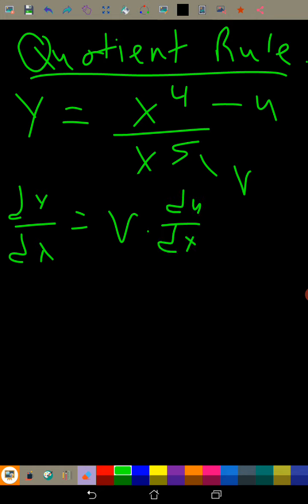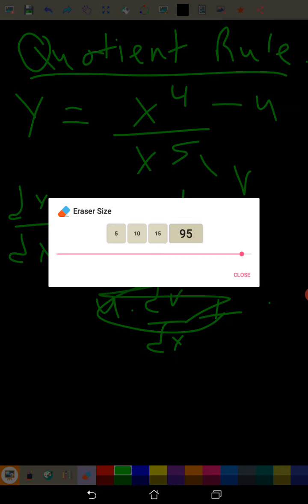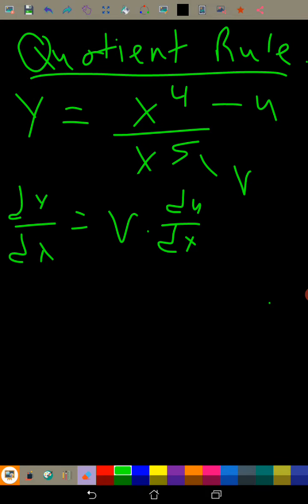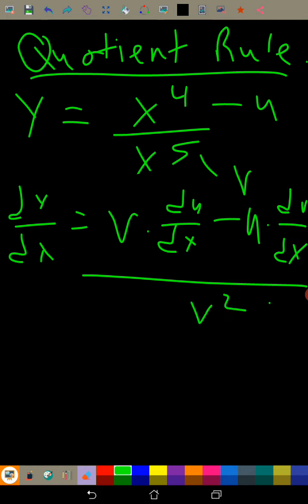It's not the same as the other one. The other one we had u dv by dx plus. Now we invert things because we're not dealing with a product, we're dealing with a quotient. Minus u times dv by dx. And that's not all. You have to divide by v squared.